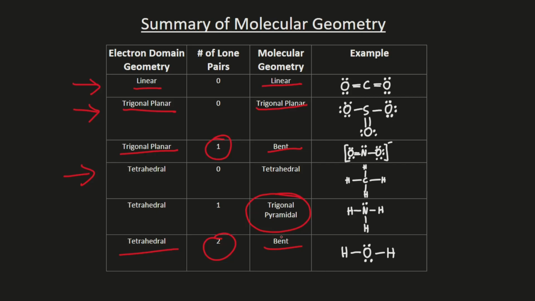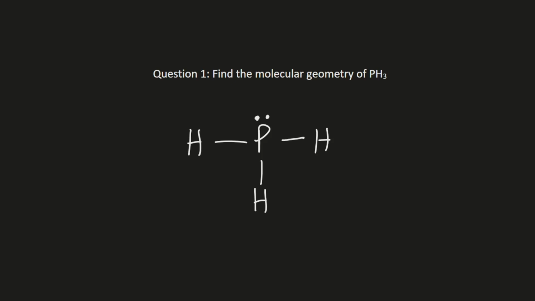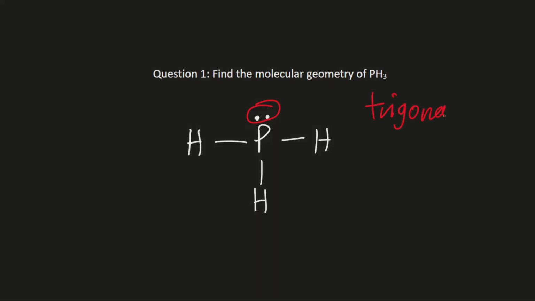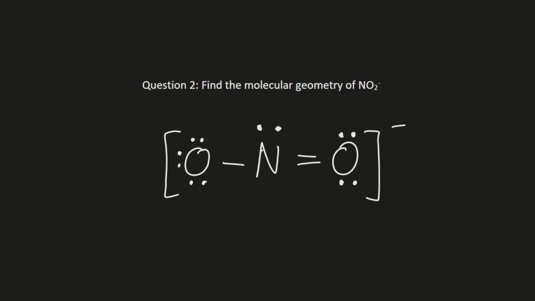Okay, so here are three quick questions to practice finding molecular geometry. Well, you see PH3 is trigonal pyramidal because the lone pair at the top is pushing down on the other hydrogen atoms, which gives it the pyramidal shape. That one, NO2-, this would be bent.